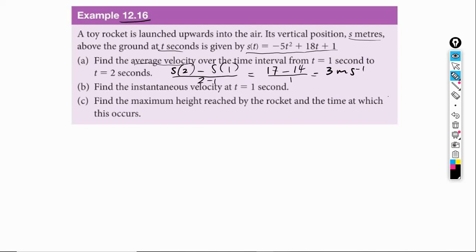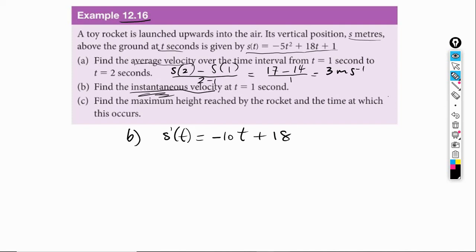between those 2 points. Okay, so for part B, they want us to find the instantaneous velocity. Now remember that whenever you see the words instantaneous velocity, it means derivative. So let's find the derivative of s. So the derivative of s is going to be negative 10t plus 18.